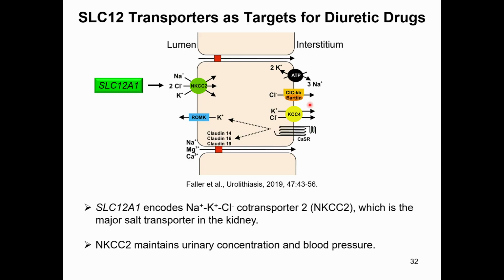And so SLC12A is a sodium potassium chloride transporter, and it's involved in salt transport in the kidney. So when you come up with drugs that affect this SLC transporter in the kidney, which is involved in transporting salt ions, you're going to affect the osmolarity of the cells, and water can be secreted.